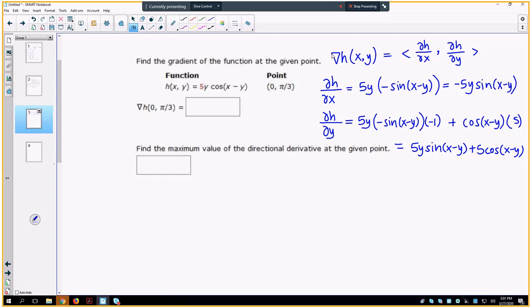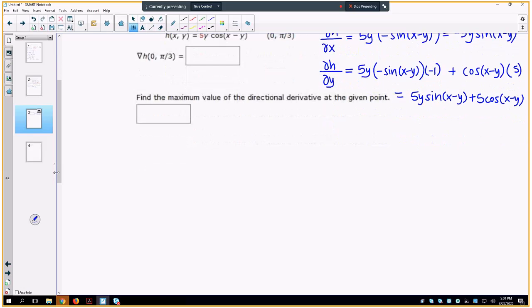So now that I know my partial derivatives, I can write them as the gradient.